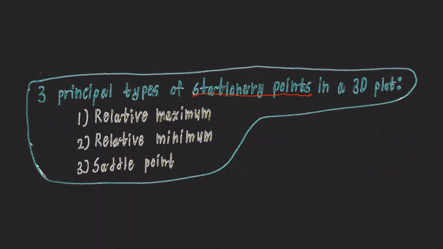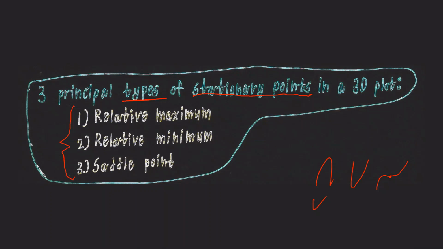So there are three principal types of stationary points in a 3D plot. It's somewhat analogous to the one independent variable graphs. There's a relative maximum, a relative minimum, and also the so-called stationary points of inflection.